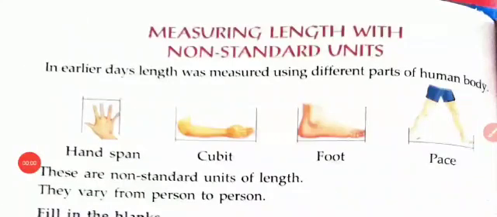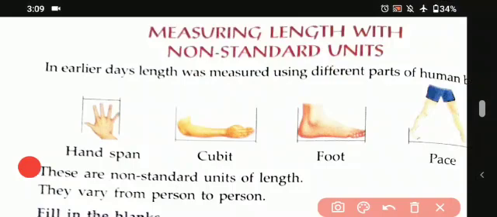Now we will study measuring length with non-standard units. Students, in the early days, when we didn't have a measuring tape or scales, we used our human body. Here we can see a handspan, cubit, foot and pace. From these parts of our body, we used to measure things.